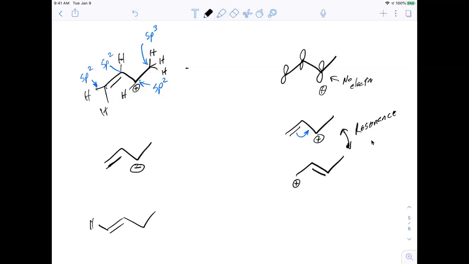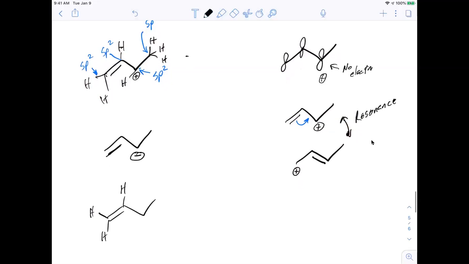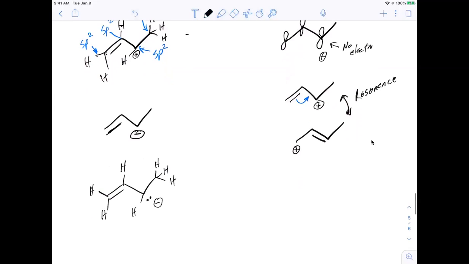So in the second one, I have hydrogen, hydrogen, right? Need four bonds there, right? Now this one has a negative charge, right? So that means I've got an extra electron, that's a lone pair, right? So that's a negative, and then on the last one, I have hydrogen, hydrogen. So I've got one hydrogen, but now I've got an extra electron, not a lost electron.